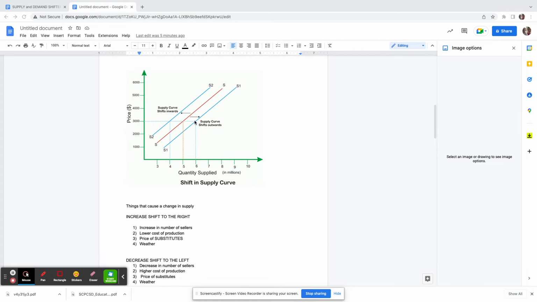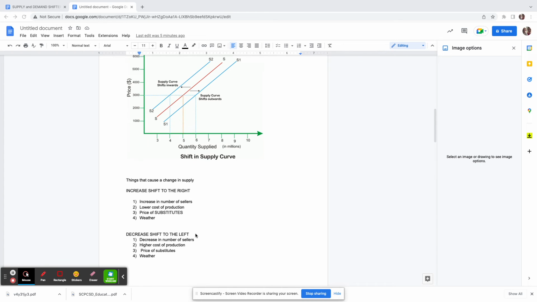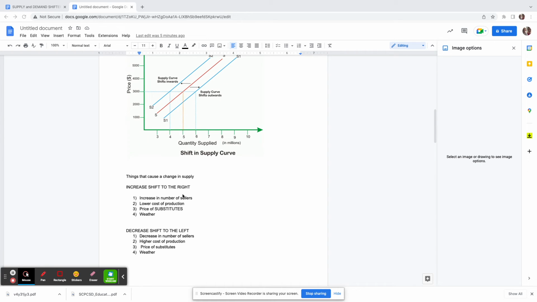You need to show that whatever's happening is causing an increase. Again, if you need to show that whatever is happening is causing a decrease in supply, you move left. So a shift to the right is an increase in supply. A shift to the left is a decrease in supply.